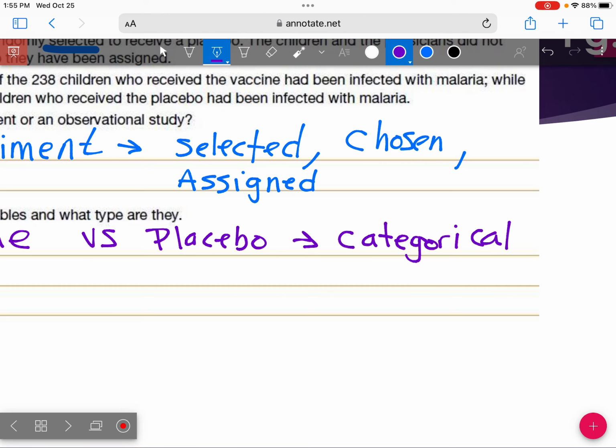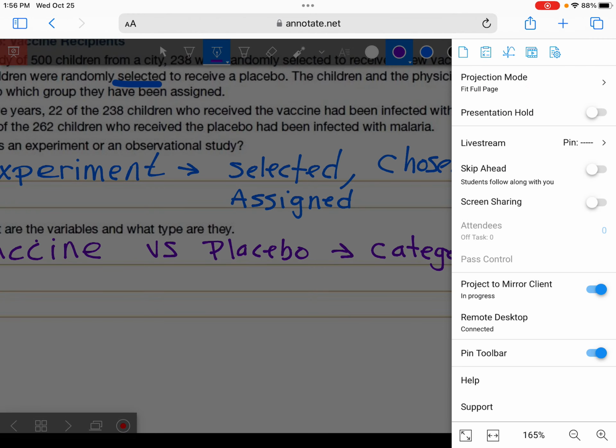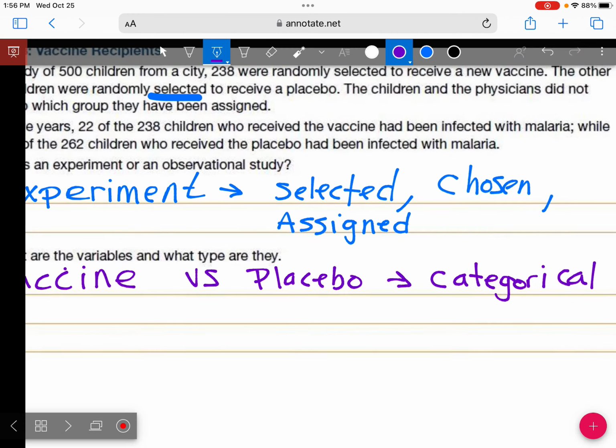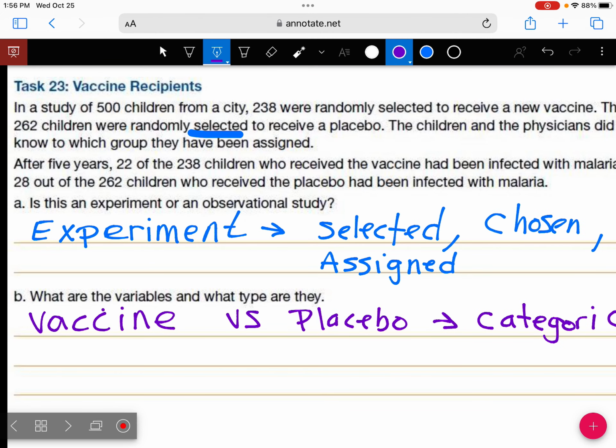So we have another variable in here somewhere. What's something else they were measuring or noting down? I'm going to make the page a little bit bigger. So look in our sentence with our data here.